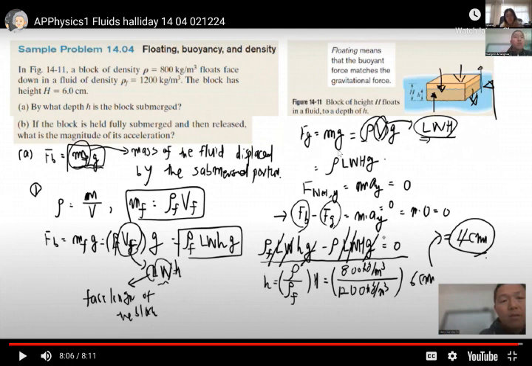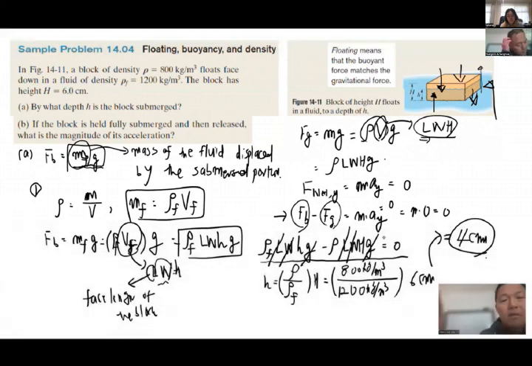So the buoyant force pushes the box upward, and then it starts to have some sort of oscillation motion, back and forth, until the box reaches the equilibrium between the gravitational and the buoyant force. I want to stop the video because I want to make sure you understand this second question. Okay, I'm going to continue the video, to find out the magnitude of its acceleration from that condition.